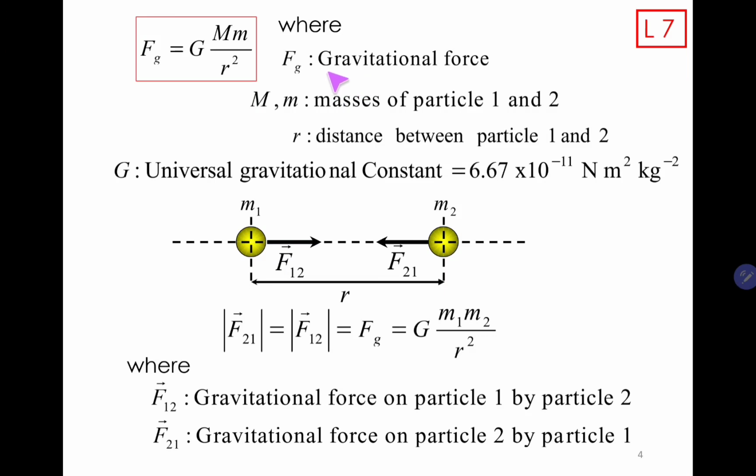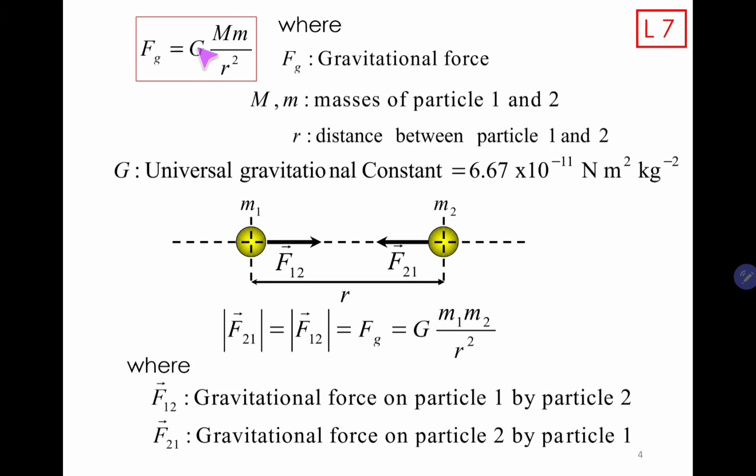Fg is our gravitational force. M and m here represent the masses of particle 1 and particle 2. Remember, to have any attraction, there must be two different bodies. So this is the mass of each body, body 1 and body 2. And r is the distance between particle 1 and particle 2, the separation between them.